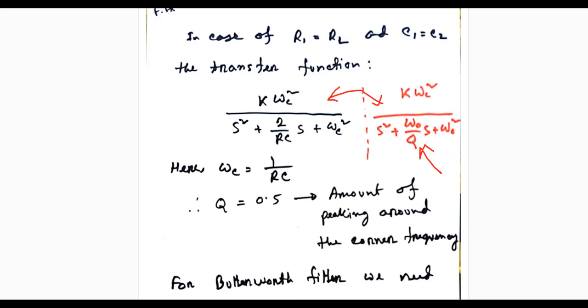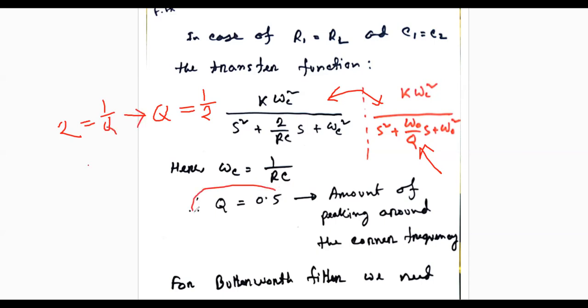Here the constant value is 2, so 2 is equal to 1 by Q. So that's why we can write Q is equal to 1 by 2.